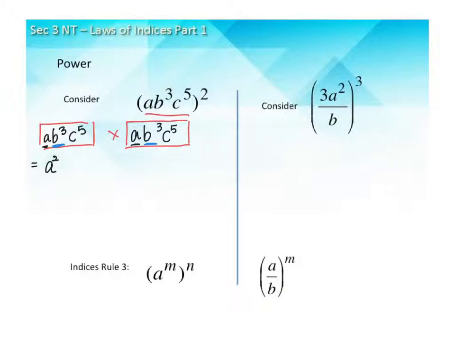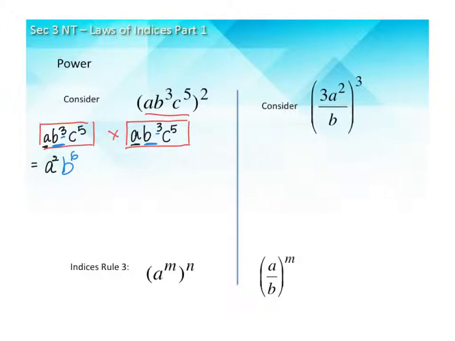Using the indices rule, b cubed times b cubed means b to the power of 3 plus 3. I will have b to the power of 6. But this is actually 2 groups of 3, so I'm taking 2 times 3 to give me 6.